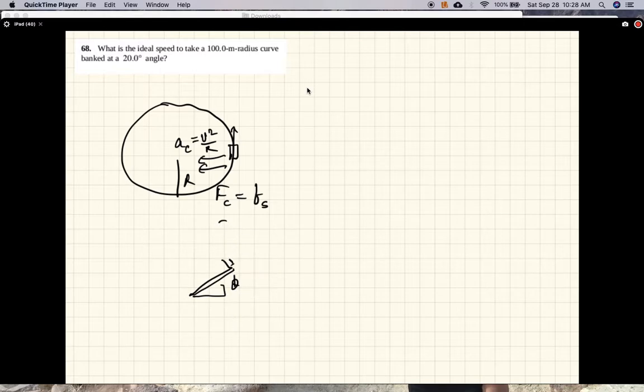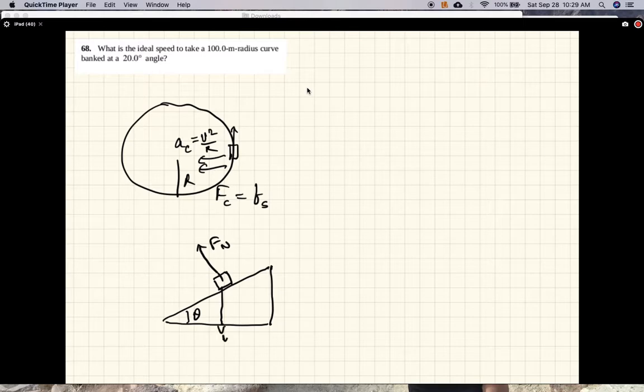Let me draw a cleaner diagram. The banking is in this direction, the center of the circle is here somewhere. Theta. The normal force exerted by the road is in that direction, perpendicular to the road.